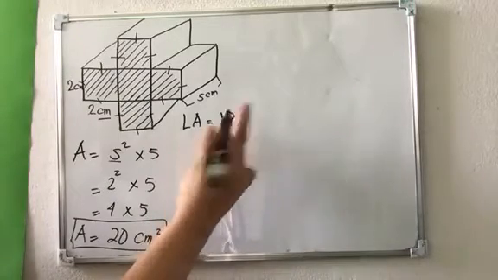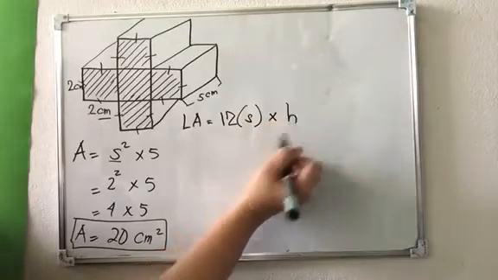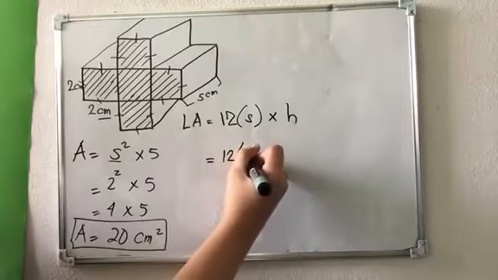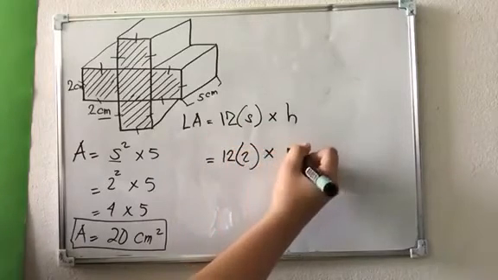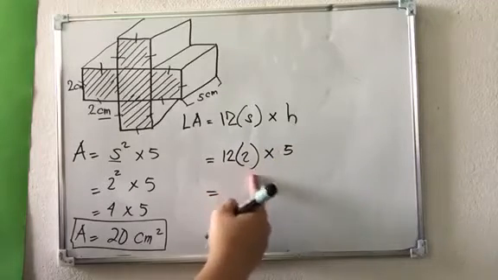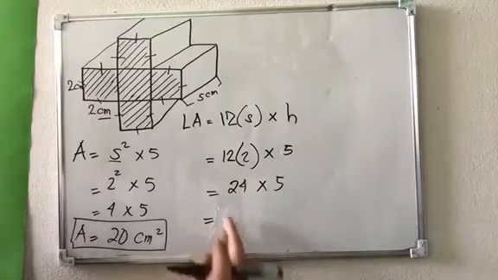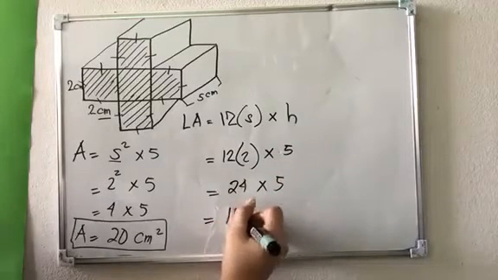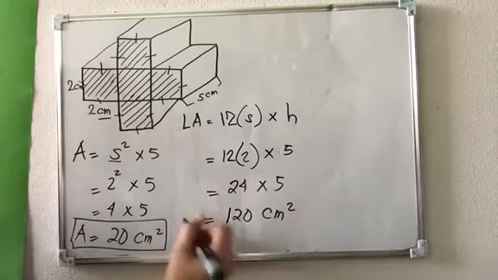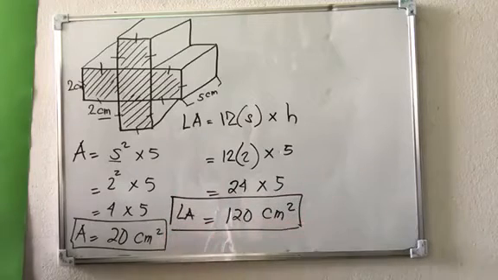That is 12 times the side, which is 2, times the height, which is 5. So 12 times 2 is 24, times 5 is equal to 120 centimeter squared. So that is our lateral area.